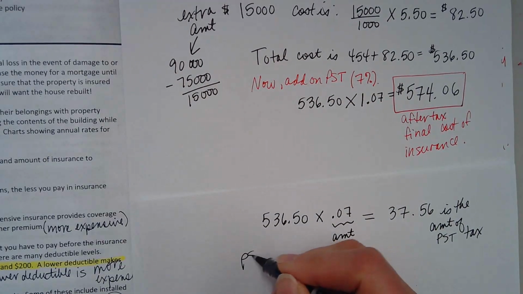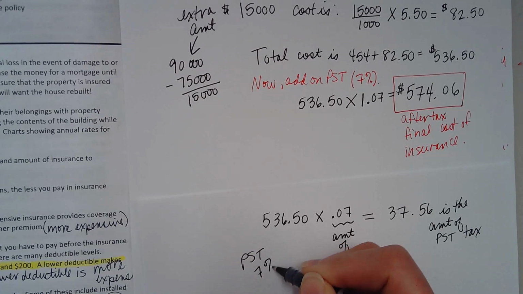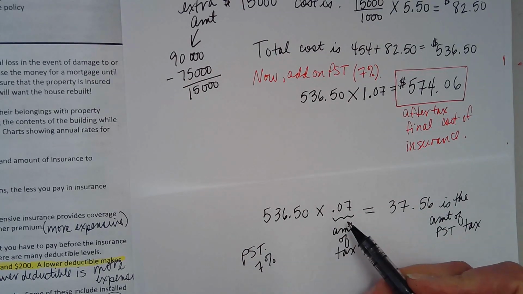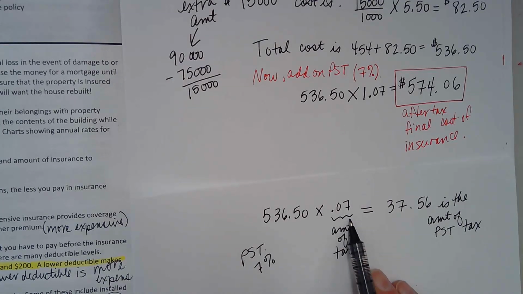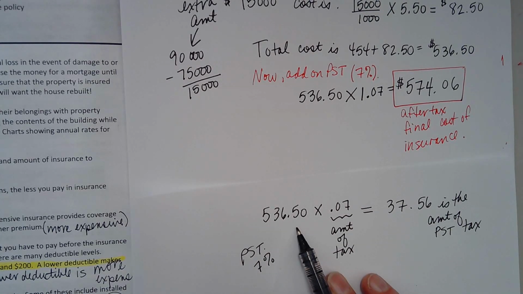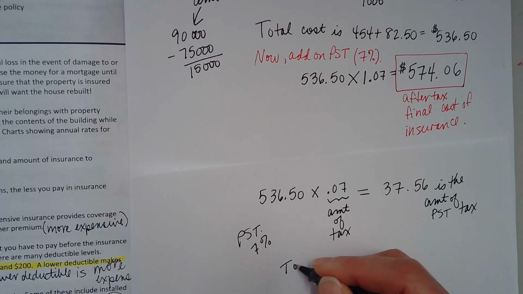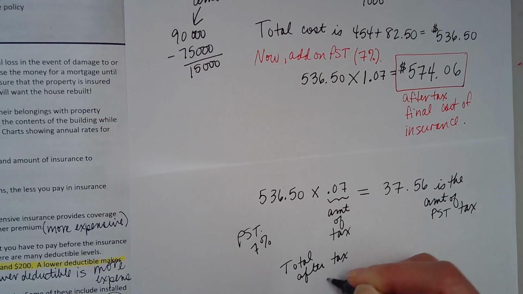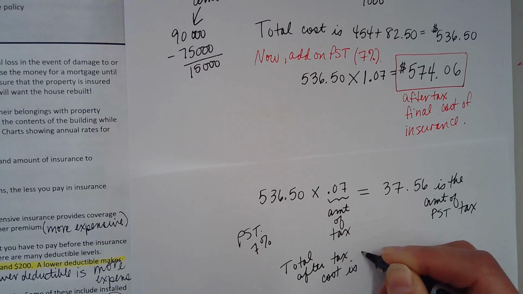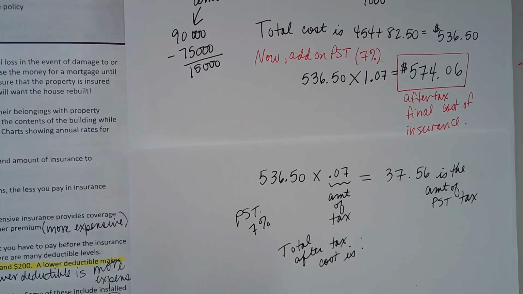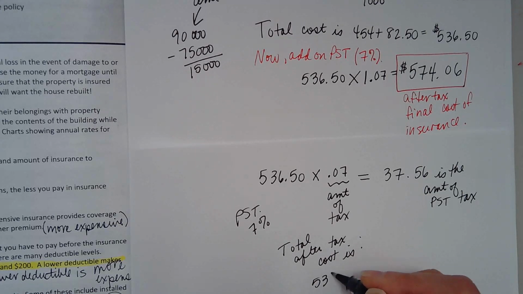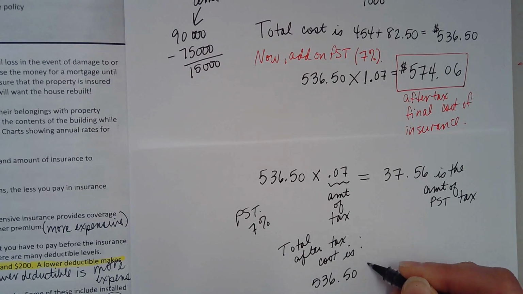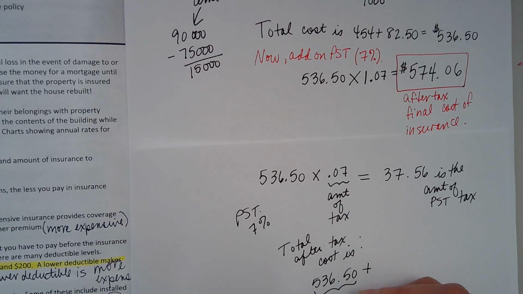Okay, PST is 7%, right? Which is the decimal number 0.07. So I'm just finding 7% of 536.50, okay? So let me figure out my after-tax cost. I take the cost of my insurance, right? This is the cost of insurance. And I have to add my tax to it, right?